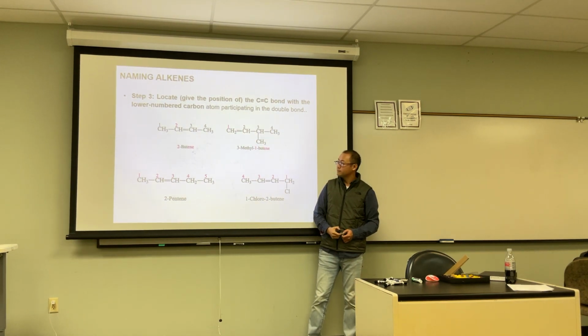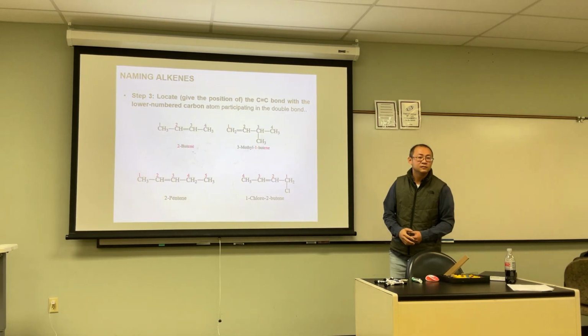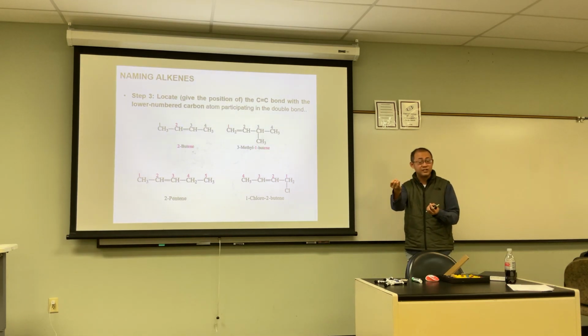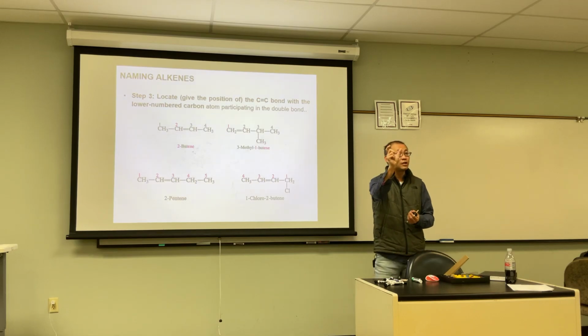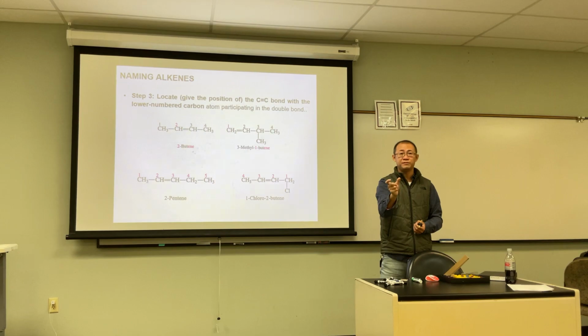The name is butene, 4 carbons, but you need to locate it. And the rest of it is the same as we learned in chapter 1. Take a look, guys, if you understand the names, showing this picture. I give you a few modifications. The first modification is what? Longest chain must include what? The double bond, the functional group. Number 2, when you number the longest chain, make sure the double bond gets what? The lowest number.